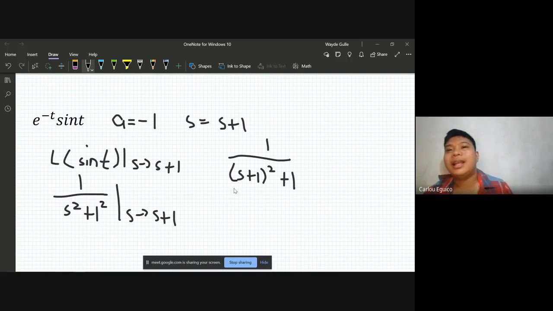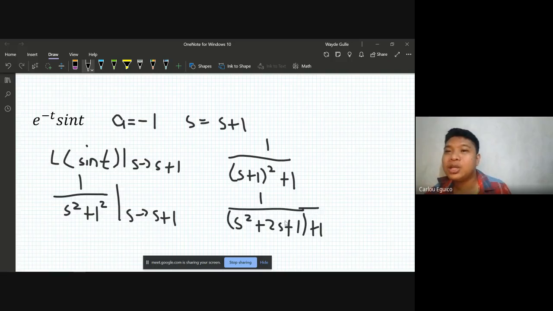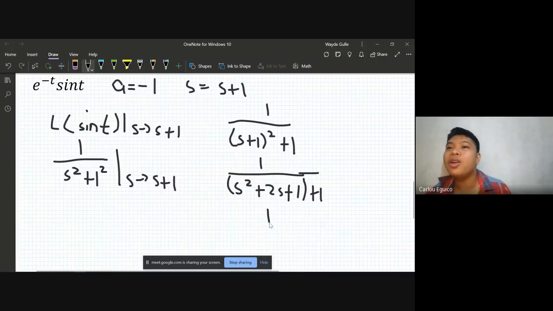So let us simplify it. 1 over s squared plus 2s plus 1 plus 1. And for the simplification, it will come out as 1 over s squared plus 2s plus 2.